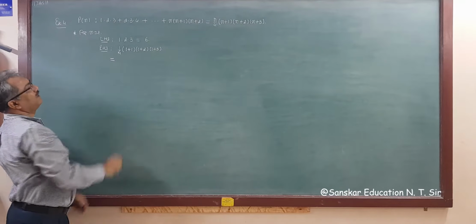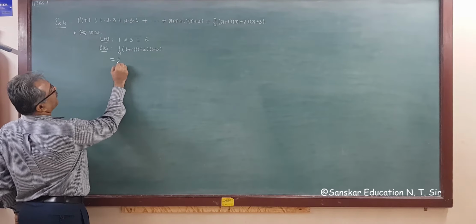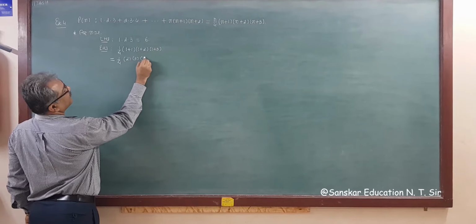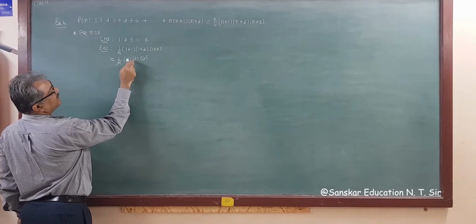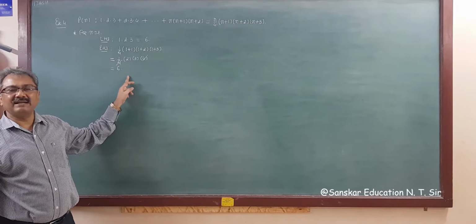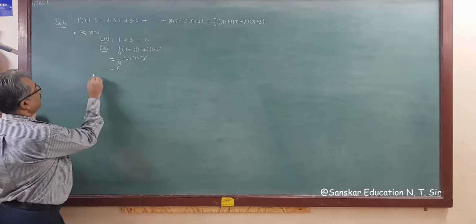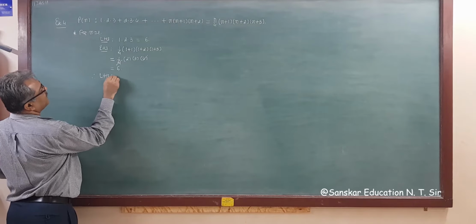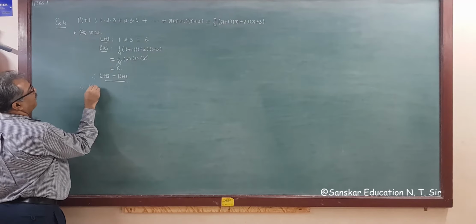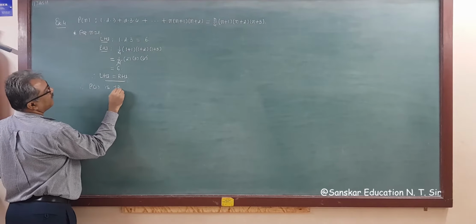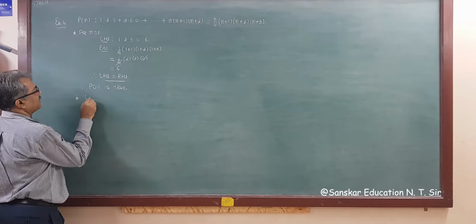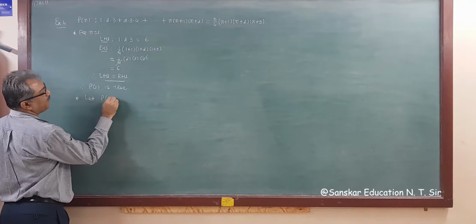So this is 2, this is 3, and this is 4. So this 4 will cancel, 3 into 2, that is 6. So left hand side and right hand side are the same. Therefore P1 is true, right?